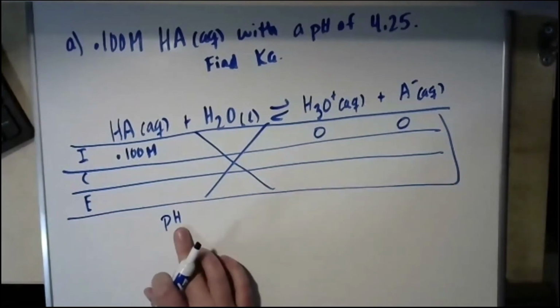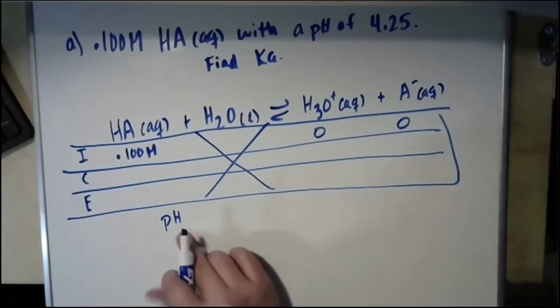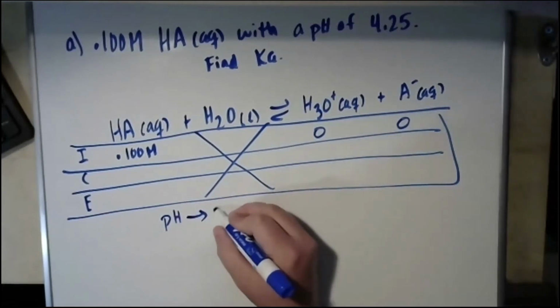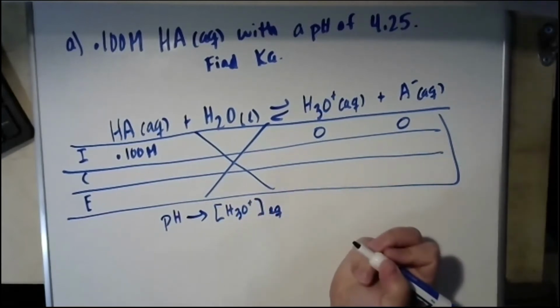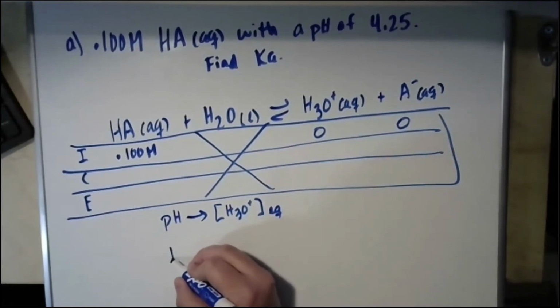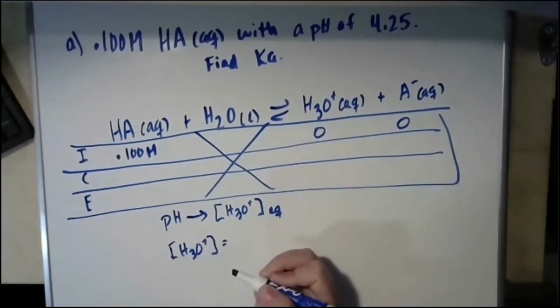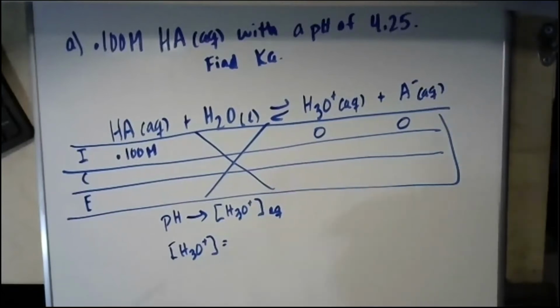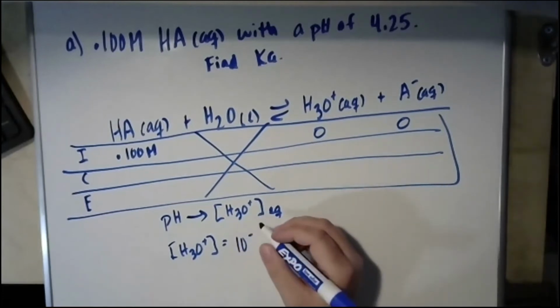Here is where it's important to remember that our pH is linked directly to our hydrogen ion concentration at equilibrium. So we can use the pH and we're going to be able to find H3O plus at equilibrium. So to do that, we're going to do H3O plus equals 10 to the negative pH.